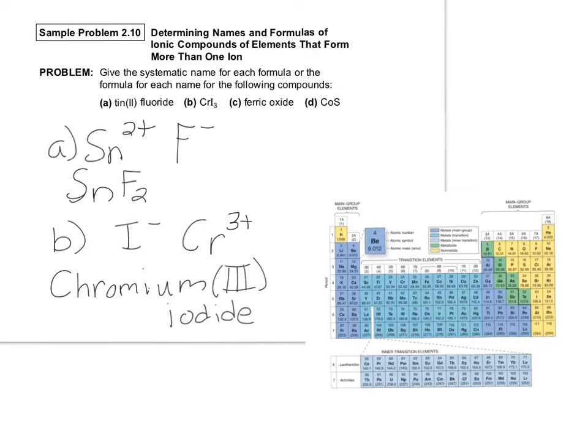C part's giving us the name. And now this is going to be something different too, because you notice it's saying ferric. That is a common name for iron. And so if you'll check page 67 in your textbook, table 2.4, some of the transition metals have common names.